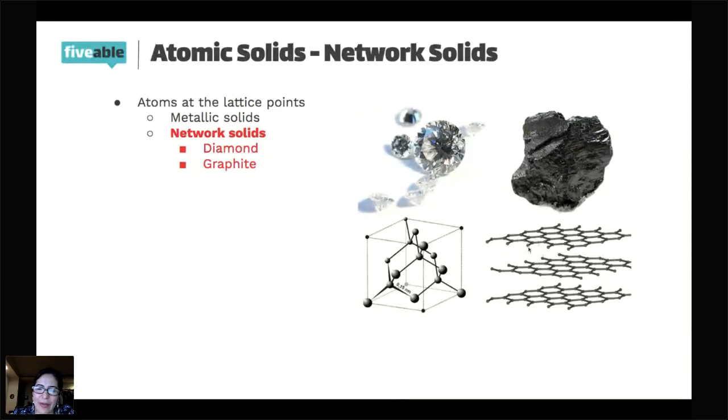Exactly. Graphite will be easy to break, but we're going to break it in sheets, separating these sheets that are not attached. So we're going to form thin films of graphite, because we will break them along the intermolecular forces. Excellent.